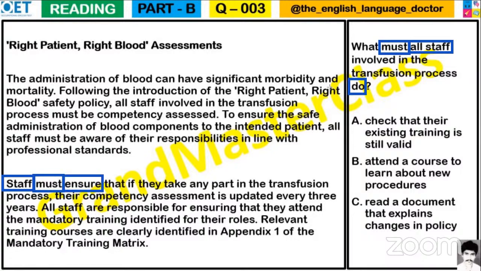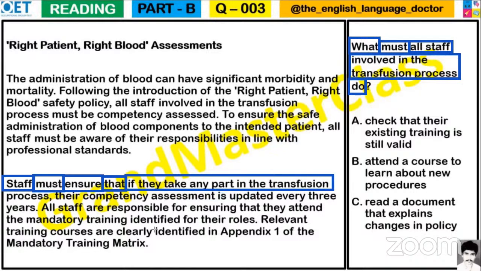Ensure what? That. What does that mean? Involved in the transfusion process. Involve means take part in the transfusion process. Then the remaining part of the sentence is correct.